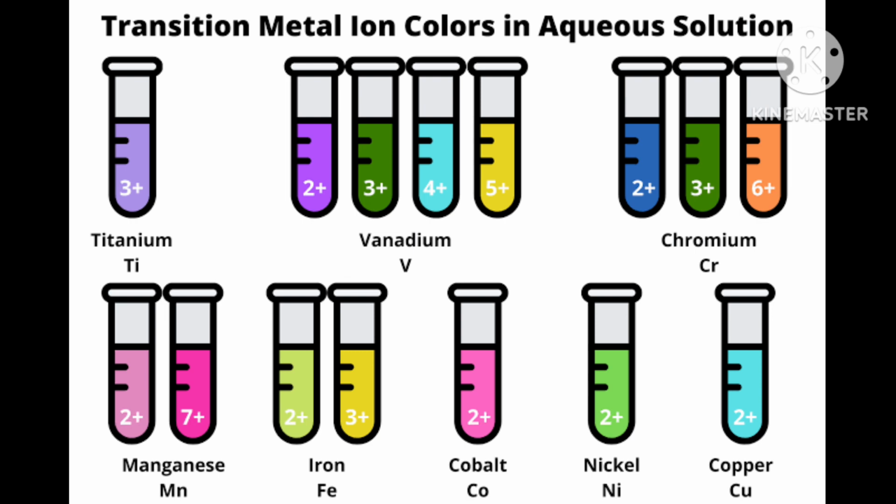If chromate is there, then in acidic medium it will give dichromate, and dichromate in basic medium will give chromate.